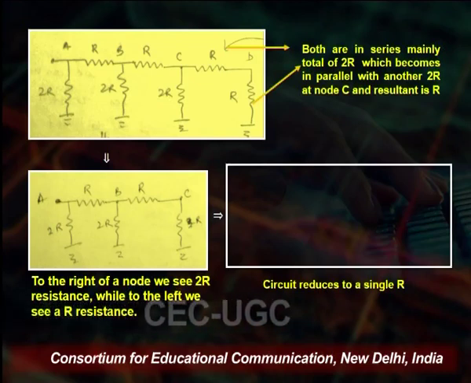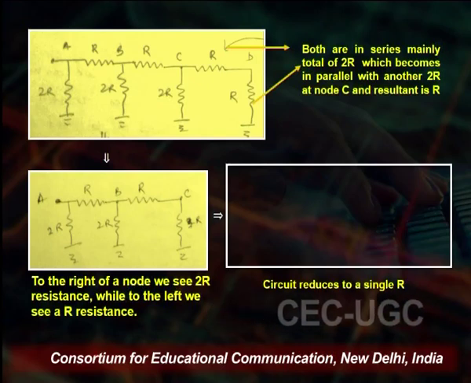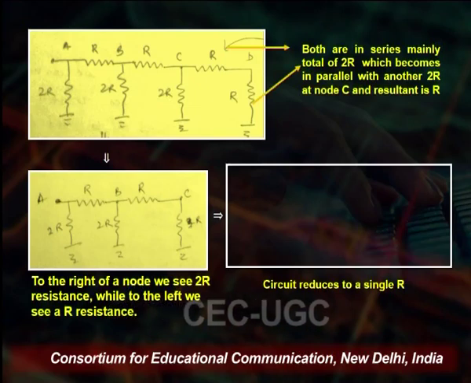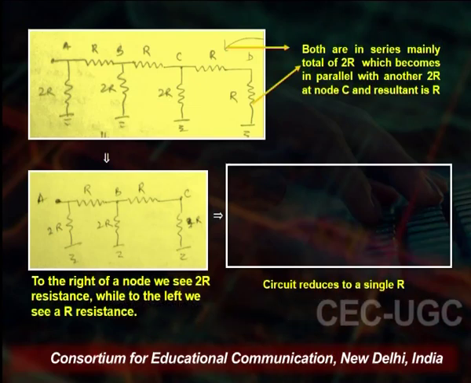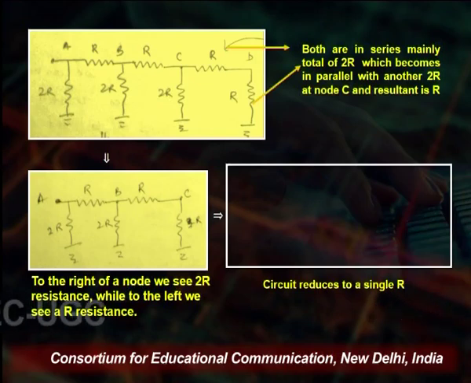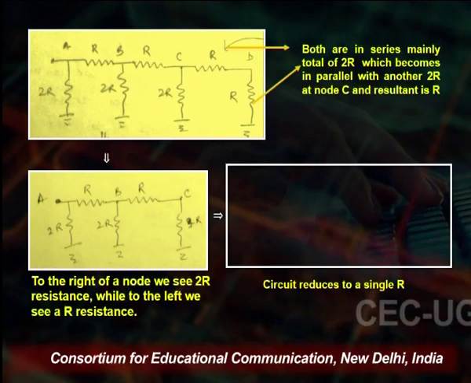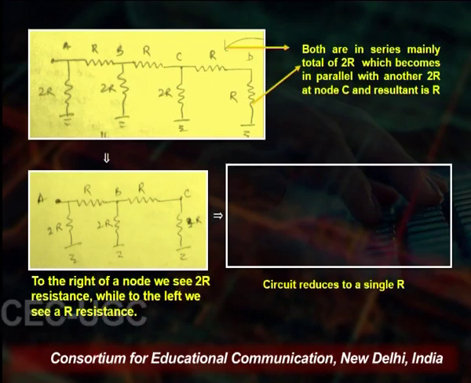That is in parallel with the 2R resistance already fixed as a branch at node B. Again we have a parallel combination of two 2R resistances, and these two will again give you the value of R. In this way, finally what we are left with is a resistance that has a value of R.